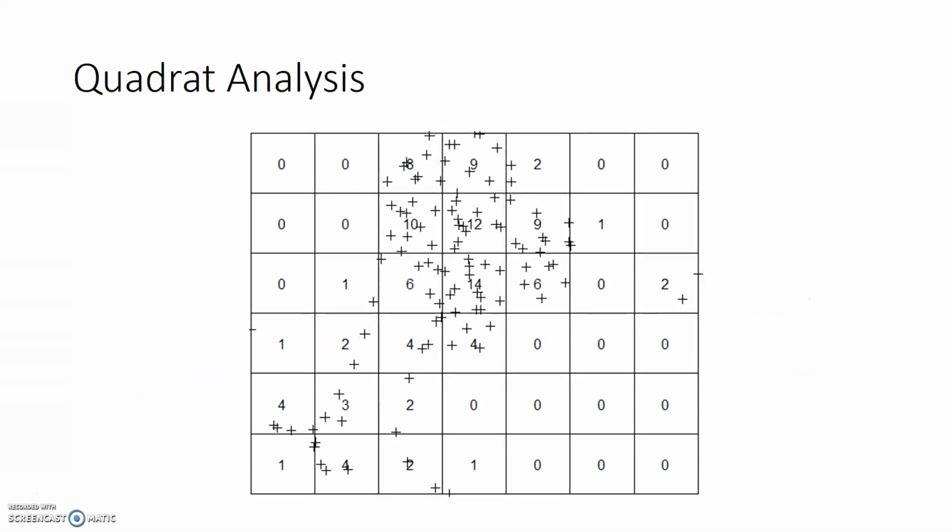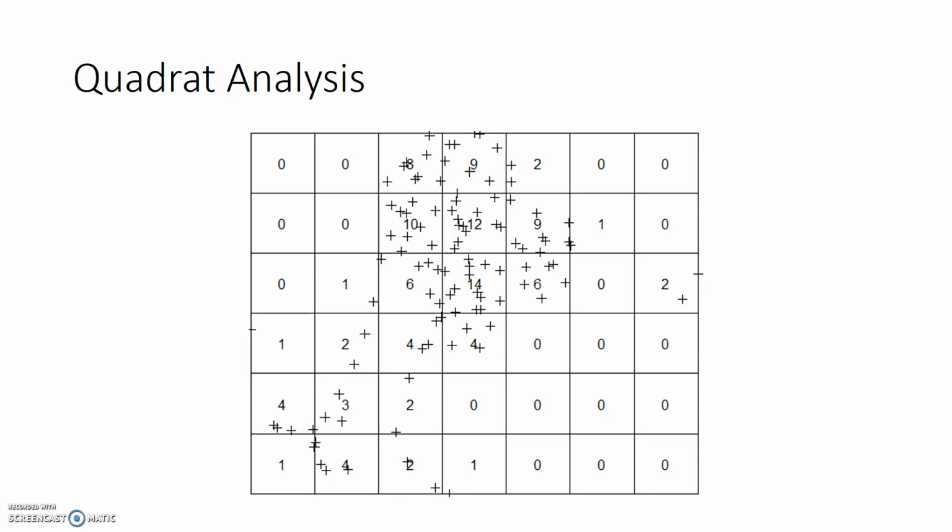Here's a visual example of what quadrat analysis might look like, where you see our study area has been divided up into equal-sized boxes or cells, and our points are represented as little plus signs. You can see within each of these equal-sized cells, there's either none or some number of points.